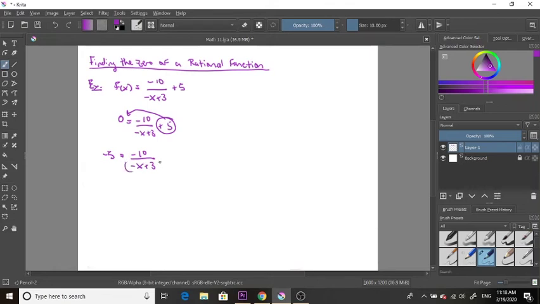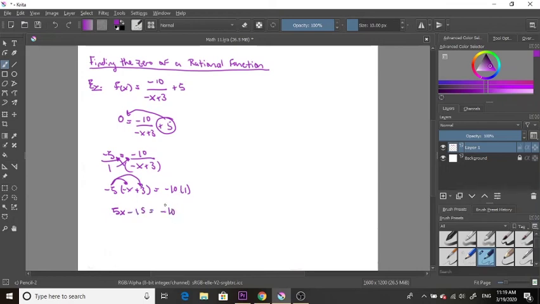Now we need to prepare for our cross multiplication. This will multiply up, that multiplies up. So we have negative 5 times (negative x plus 3) is equal to negative 10 times 1. Negative x times negative 5 will give me positive 5x. Negative 5 times positive 3 gives me negative 15.